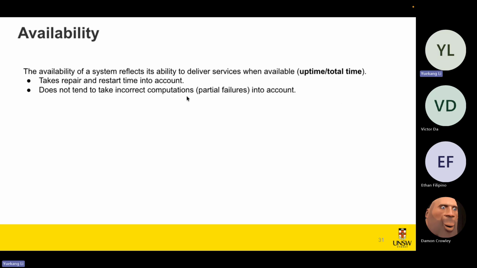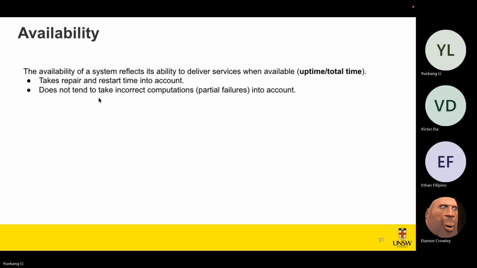When determining the value of availability, we should take into consideration the repair and restart time. The time period when we are repairing or restarting a service is considered as not available.